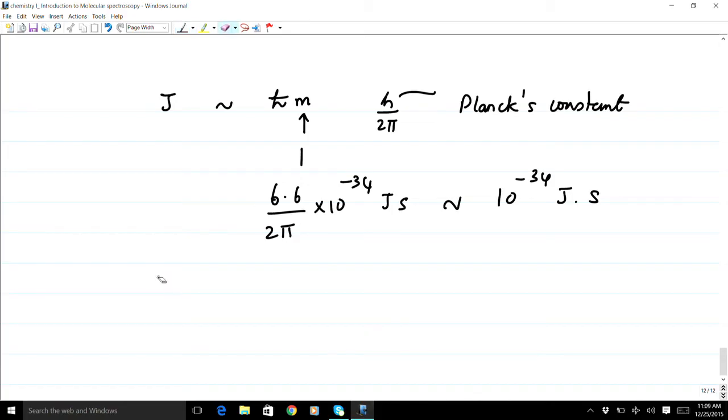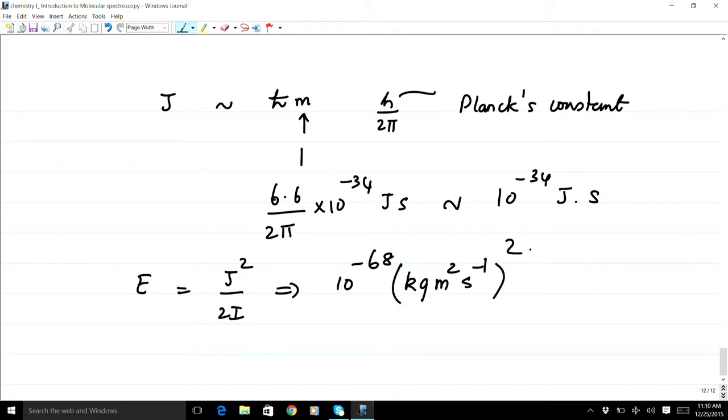So, let us do the energy calculation now. E as J squared by 2I, you can see that it is 10 to the minus 68, in joule square second square. Let me write the actual units: kilogram meter square per second whole square divided by 2I, and if you recall, I is about 10 to the minus 46 kilogram meter square.